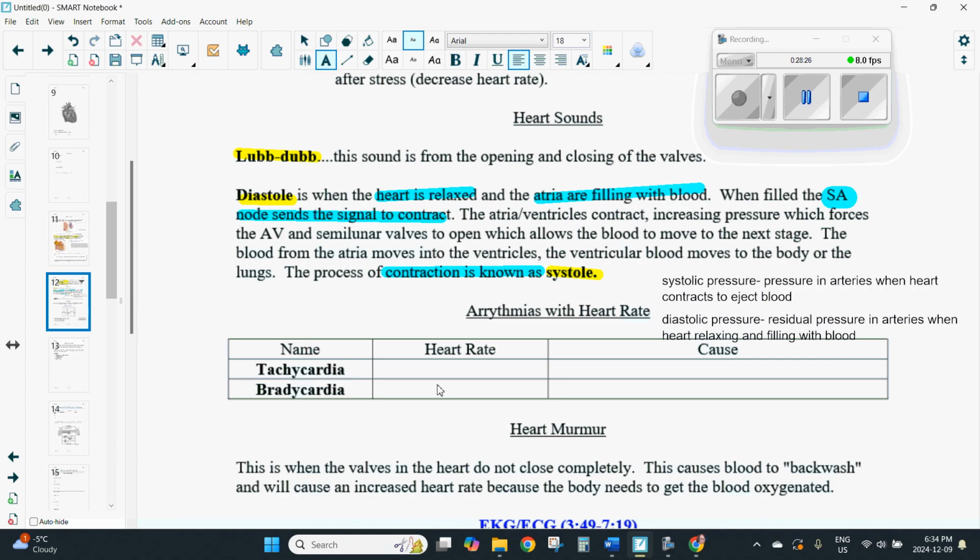There are always numbers when we look at heart rate. So tachycardia is anything greater than 100 beats per minute. BPM stands for beats per minute.